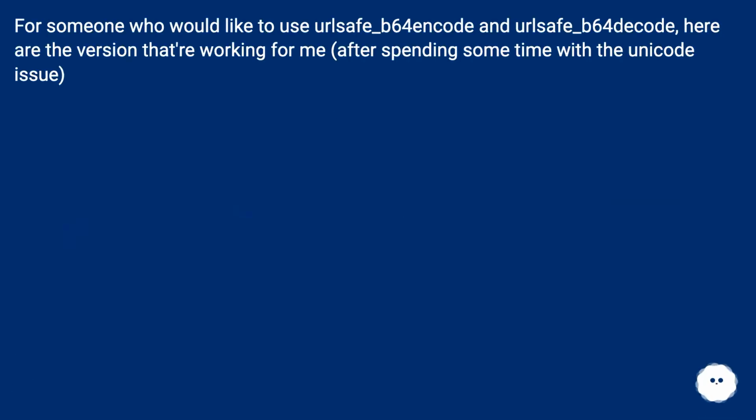For someone who would like to use urlsafe_b64encode and urlsafe_b64decode, here are the versions that worked for me, after spending some time with the Unicode issue.